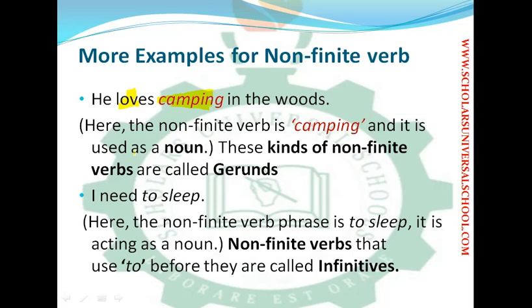Yes, it's a noun. Here the non-finite verb is "camping," and it is used as a noun. He loves camping. He loves what? Camping. Okay. Now these kinds of non-finite verbs are called gerunds.